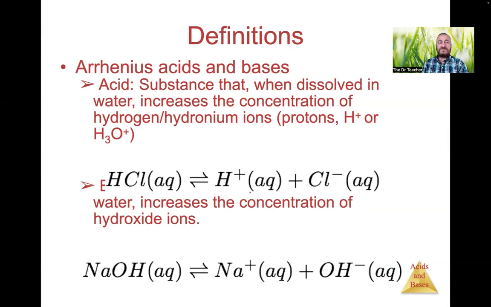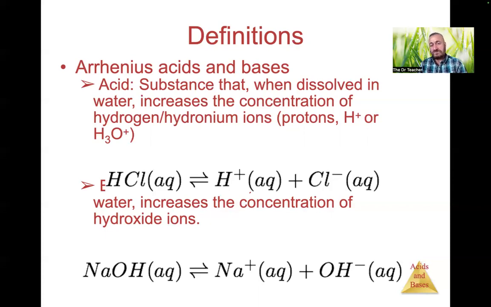Okay, so we come here to see the HCl, aqueous, it means in the water, can dissociate, give you H plus, Cl minus, and all in aqueous solution. Aqueous means in water, and this, as you see, increases the concentration of hydrogen ions.